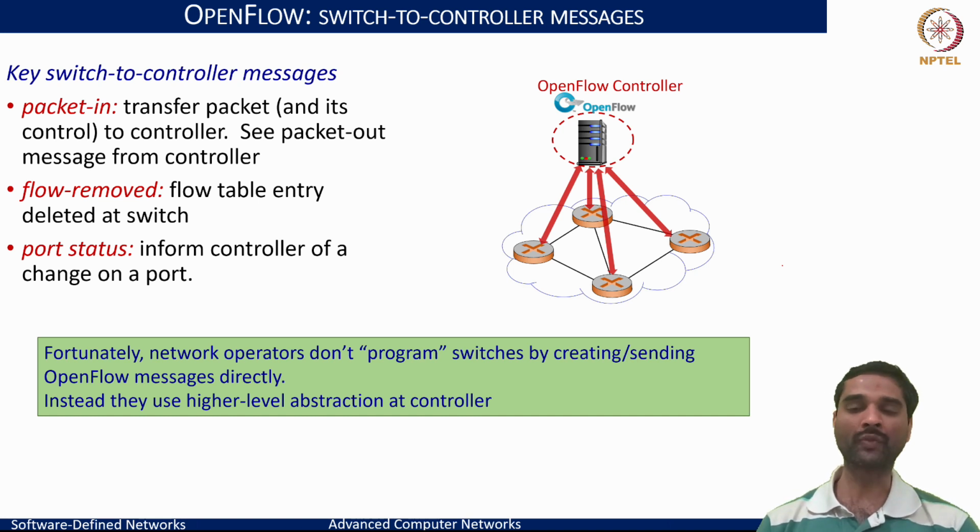And likewise, if the switch sees a change in the port status or link flapping, when the link goes down or comes back up, notifications would be sent from the switch to the controller, indicating the change in the port status for a particular device on a particular port.